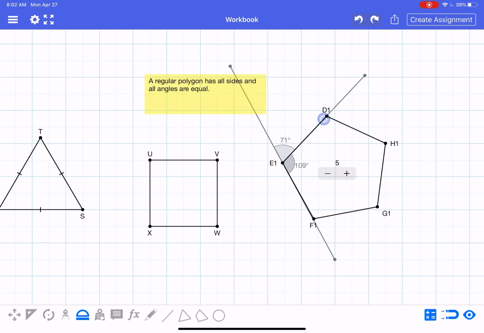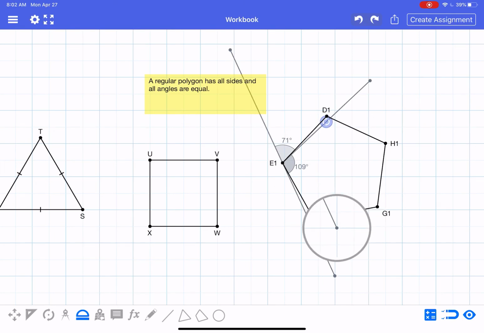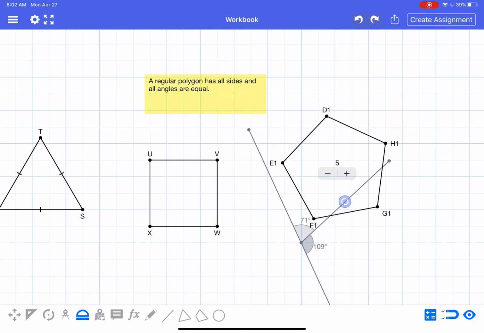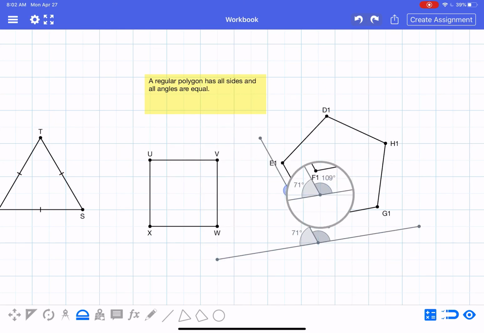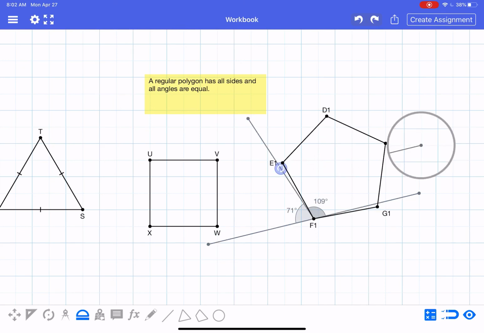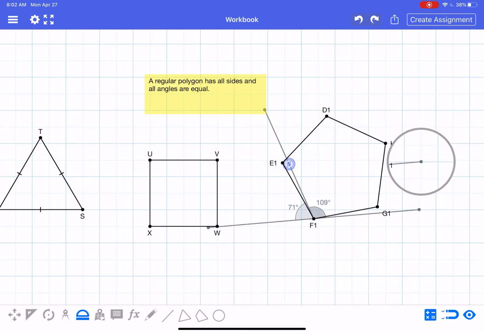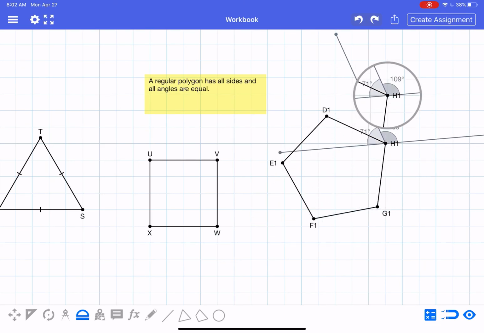So 109 degrees. If I take this tool and move it, okay, so it's 109 degrees. The protractor is not lining up perfectly. Maybe if I try over here.